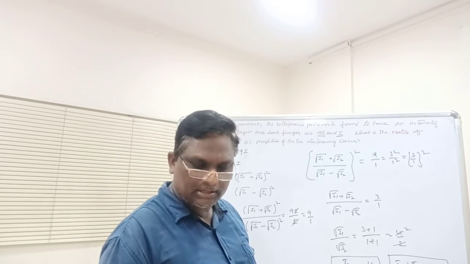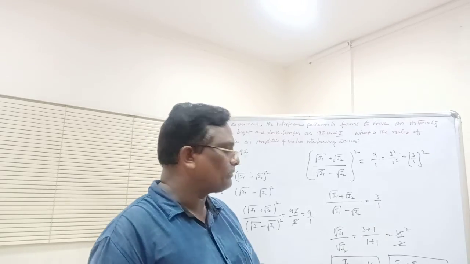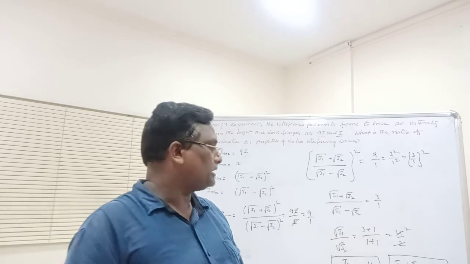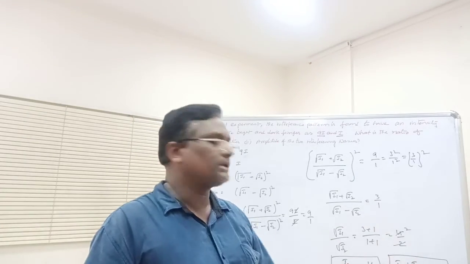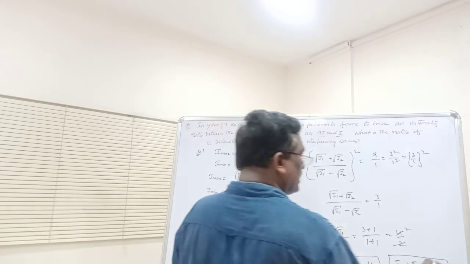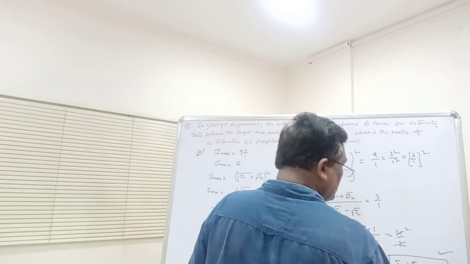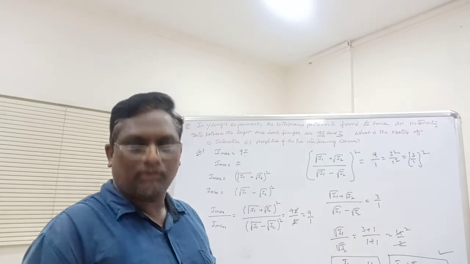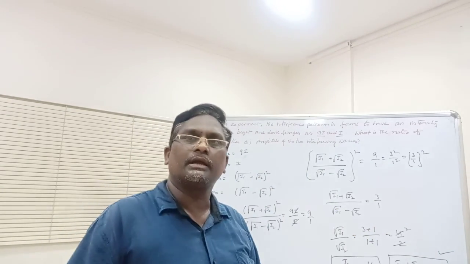Why? Because I1 by I2 is equal to A1 by A2 whole square, that is 2 by 1 whole square. So the answer is I1 is to I2 is equal to 4 is to 1, and A1 is to A2 is equal to 2 is to 1. So that is the answer. Okay, right, good.